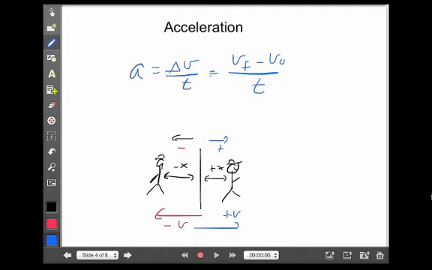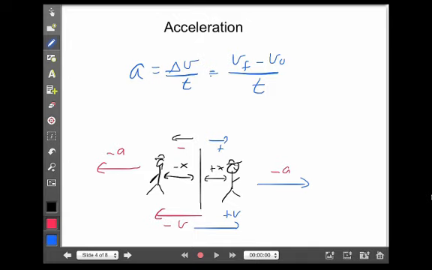See, it's possible to be traveling to the right and have a negative acceleration. Now, most people would say, well, that's easy enough. That simply means I'm slowing down. And that's true. But it's also possible to be traveling to the left and have a negative acceleration, and you're not slowing down.